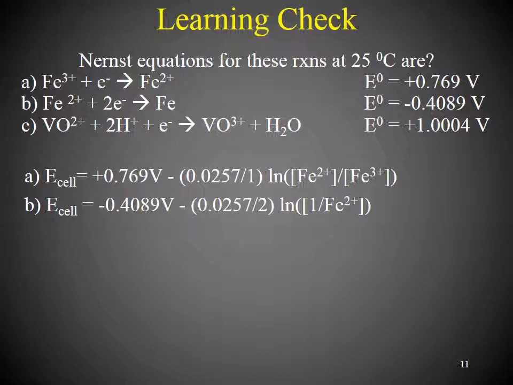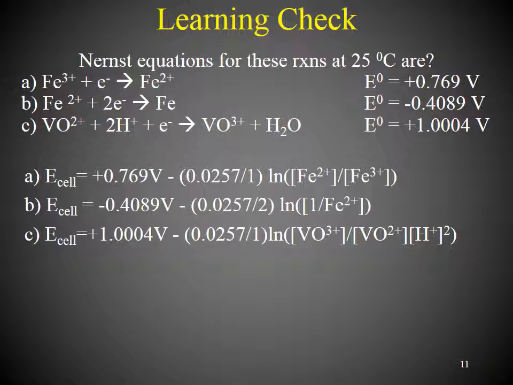Here is the second one. Notice the expression in symbols for the value of Q in this case. Iron is a solid, therefore it doesn't show up in the Q expression. And here it is for the last one.